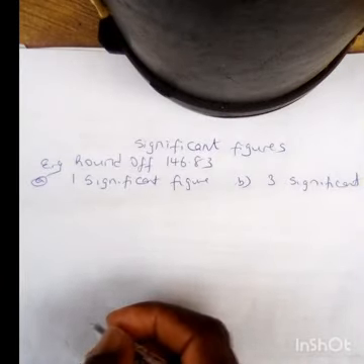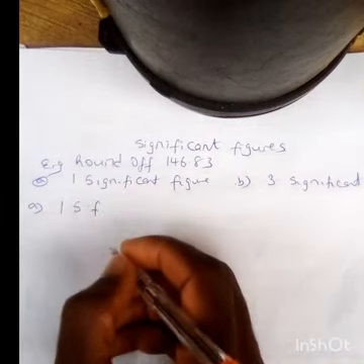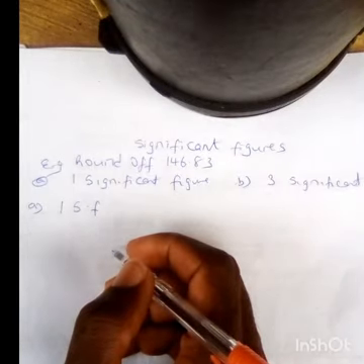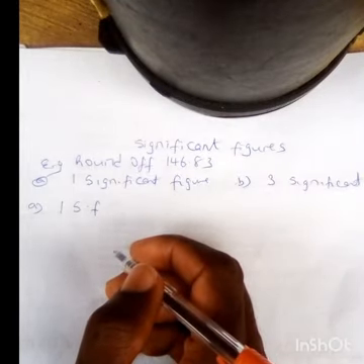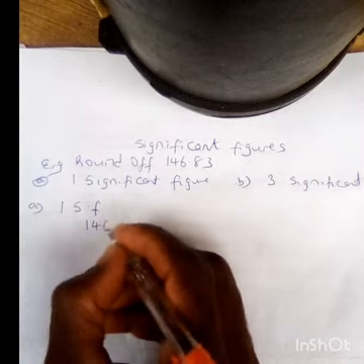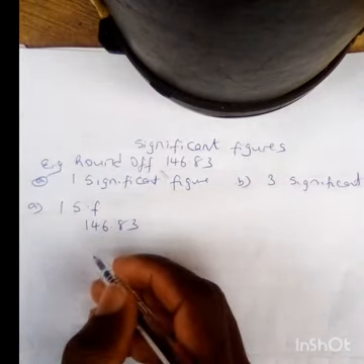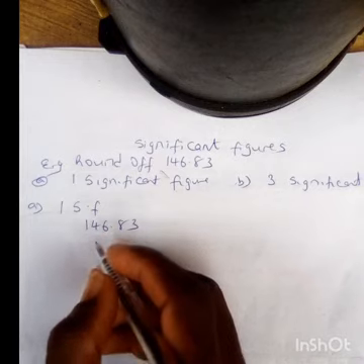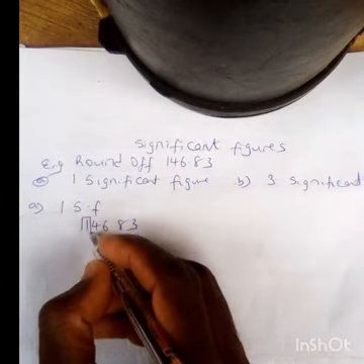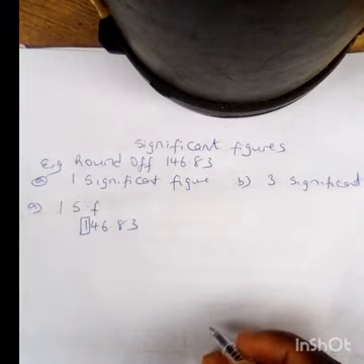So now let's start with the first one, one significant figure. When you're rounding off numbers to any particular significant figure, for instance one significant figure, they want you to focus on the first number before the decimal point in cases of questions that did not start from 0.